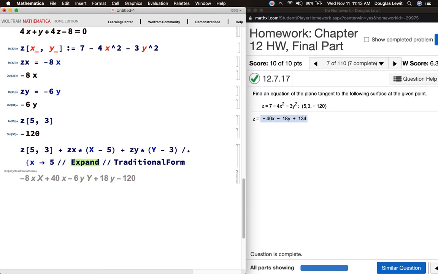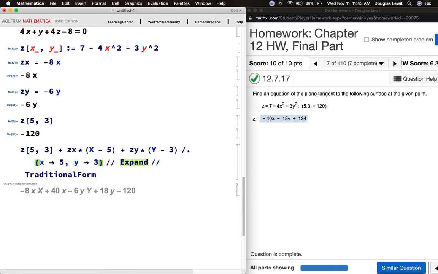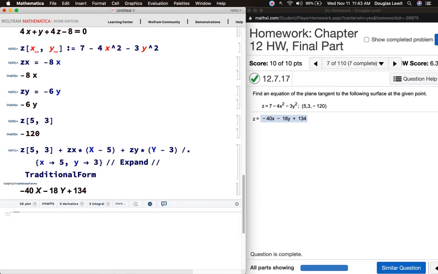X is replaced with 5. Y is replaced with 3. And that does make a lot more sense. Okay? So we know that the answer is negative 40x minus 18y plus 134.